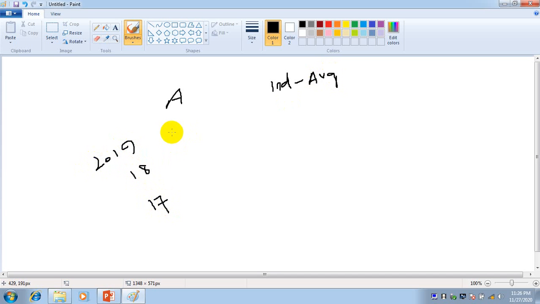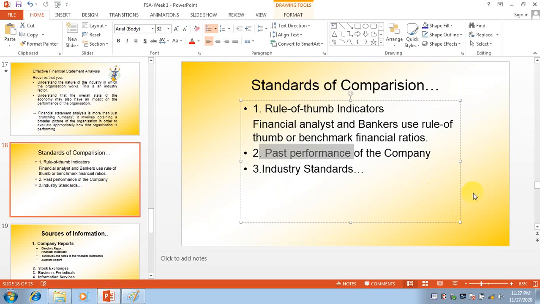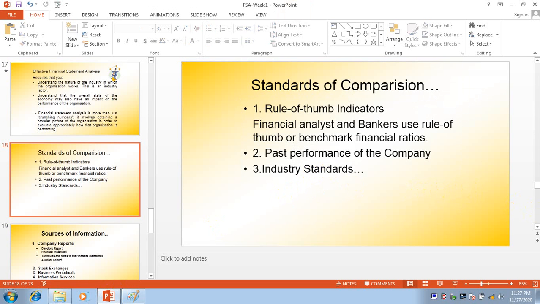So this is your performance in these three years, and this is the industry average, meaning we calculate the average of all the companies in the industry, and this industry average is compared with your company's present performance. So this is another standard used for comparison, called industry standards.